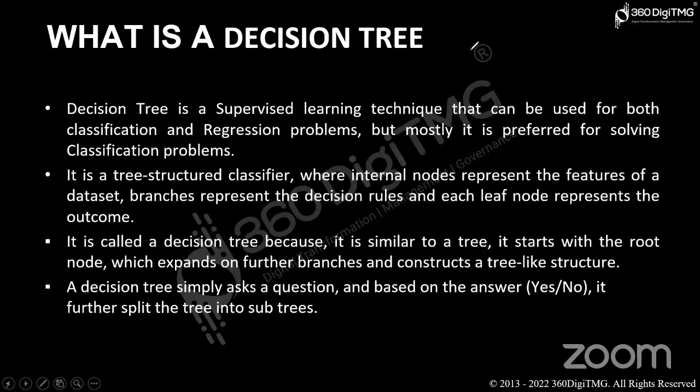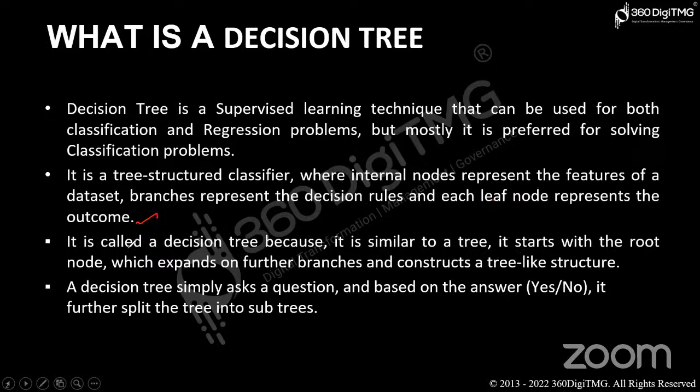In a decision tree, internal nodes represent the features of the dataset, branches represent the decision rules, and each leaf node represents the outcome. It is called a decision tree because it is similar to a tree.